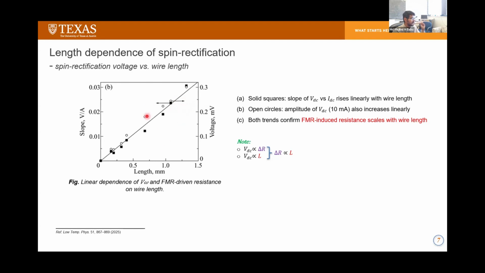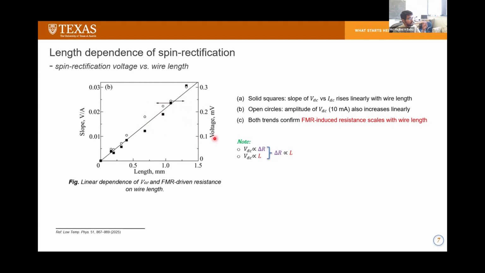Here you can see both increase linearly with the effective length of the wire, which means that the FMR-induced extra resistance also increases with the effective wire length.